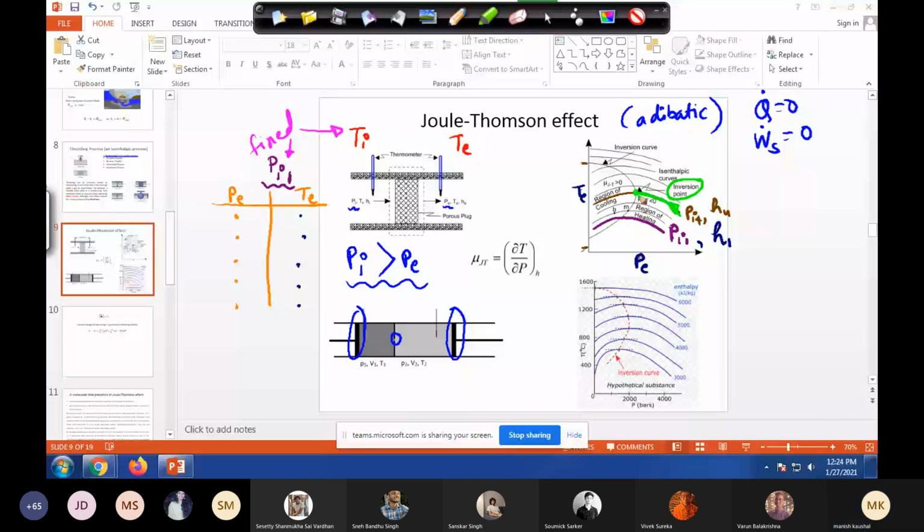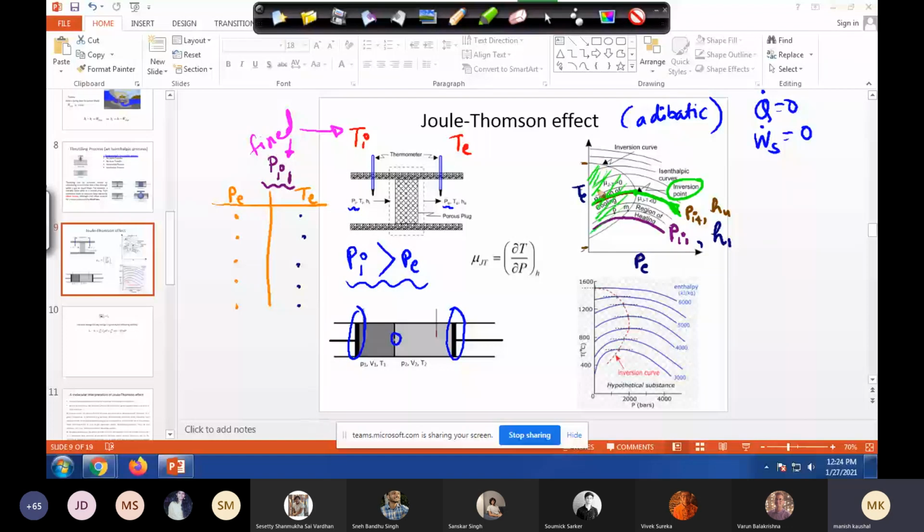So it means the gas is heating up. But after a certain point, when you lower the pressure again, temperature starts decreasing. That is cooling effect. So for a given enthalpy or a given inlet pressure, there are two regimes. In one regime, if you decrease the pressure, the gas will heat up. In the other regime, if you decrease the exit pressure, then temperature will decrease. This region is called the cooling region.